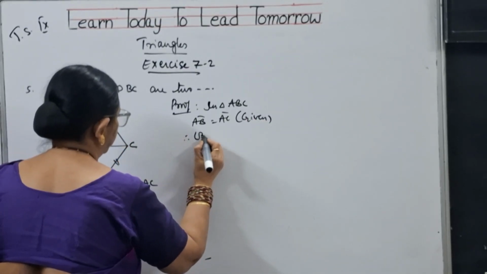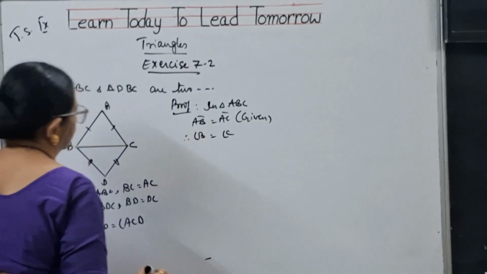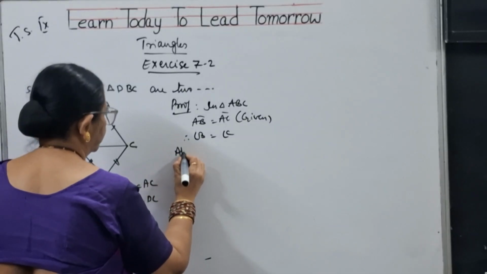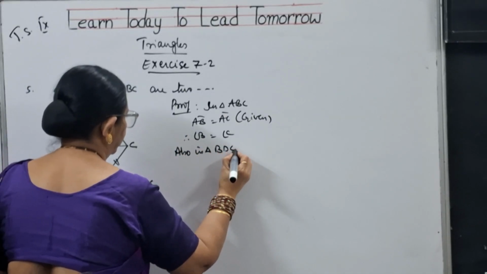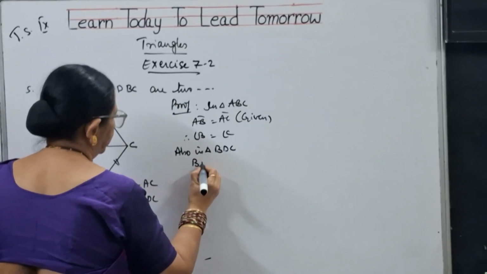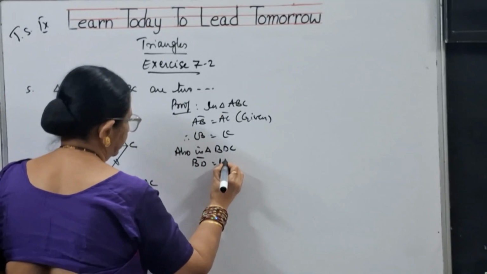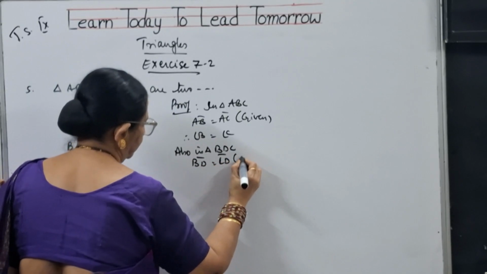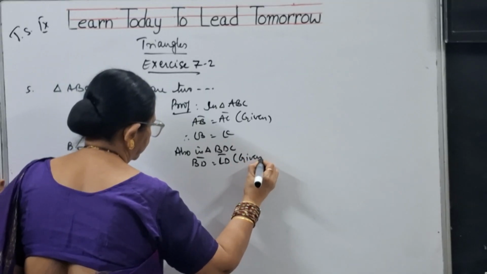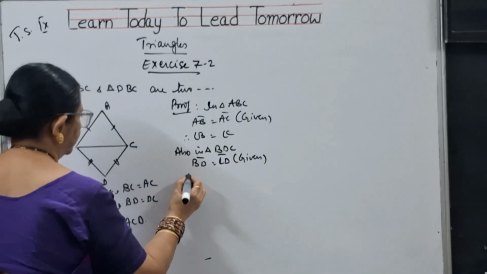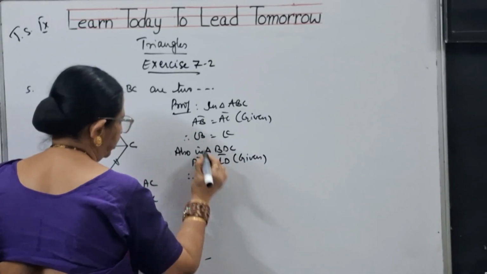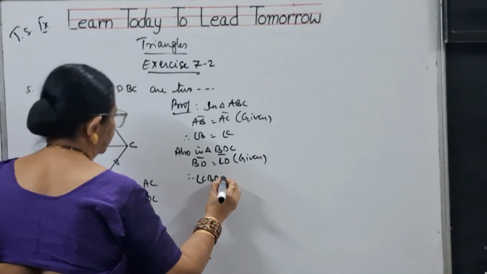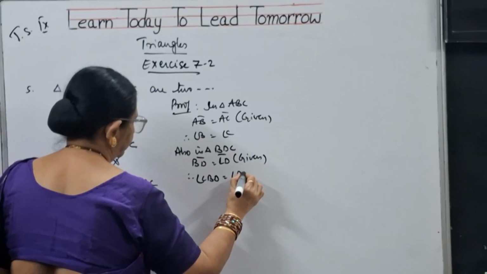Therefore, angle B is equal to angle C. Also, in triangle BDC, BD is equal to CD. This is also given to us. Therefore, angle CBD, because if I write B, you may confuse, is equal to angle BCD.